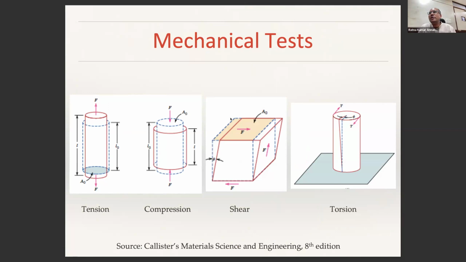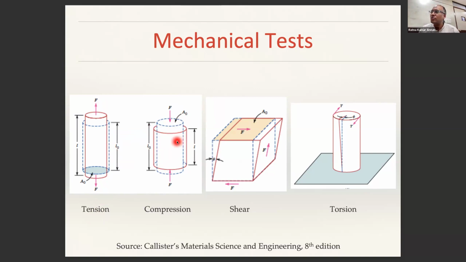Okay. So in order to measure the properties that we have talked about, we can use various tests. For example, one of the popular ones is the uniaxial tension test. In some branches of engineering, such as civil engineering, they use the compression test most of the time because the materials are primarily loaded under compression.